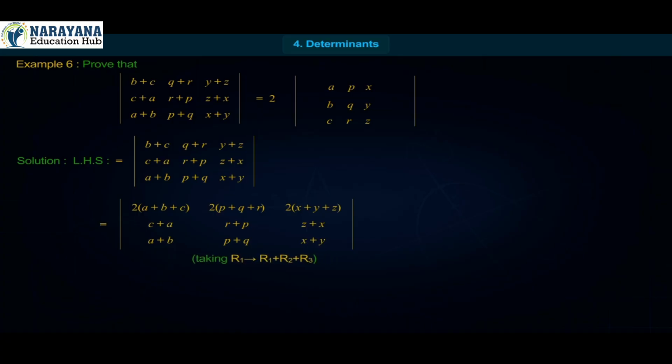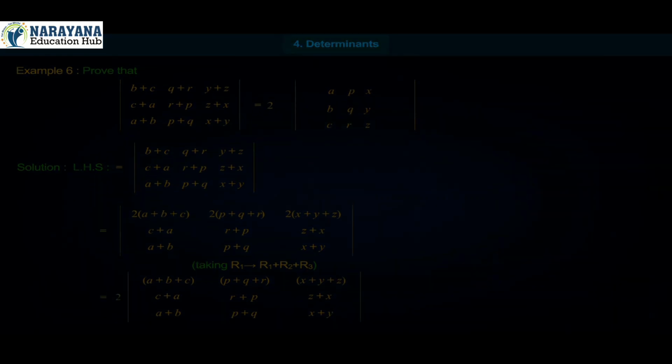Taking R1 to R1 plus R2 plus R3, it is equal to 2 into the determinant a plus b plus c, p plus q plus r, x plus y plus z, c plus a, r plus p, z plus x, a plus b, p plus q, x plus y.